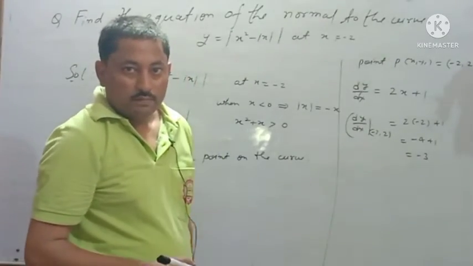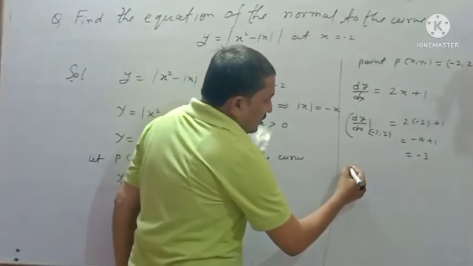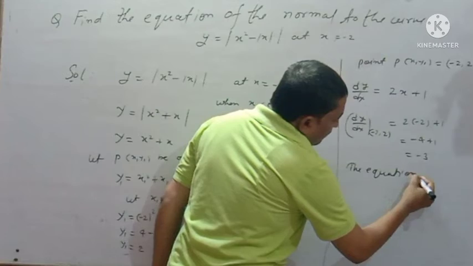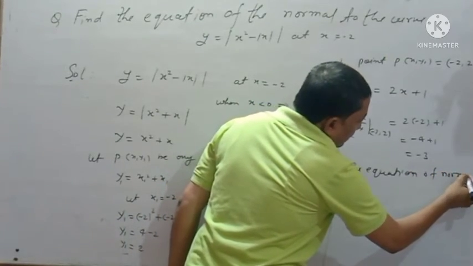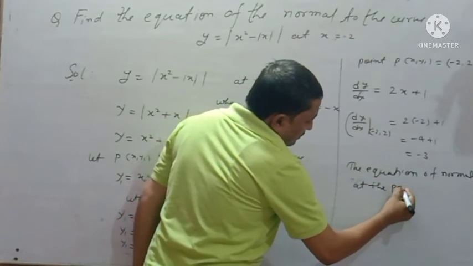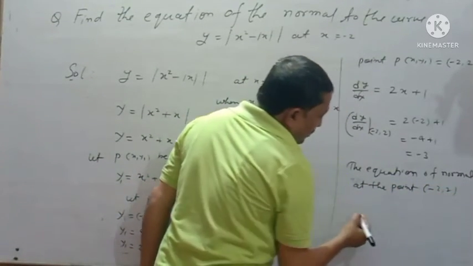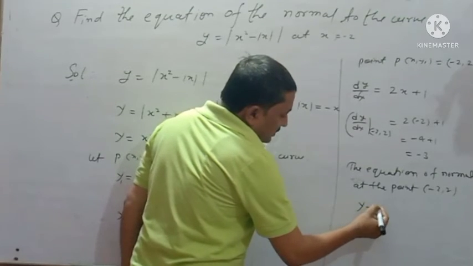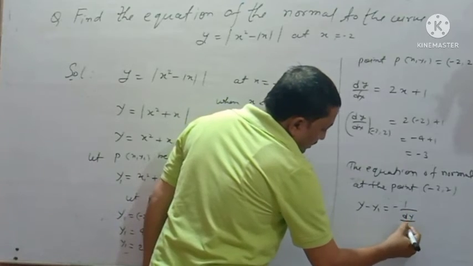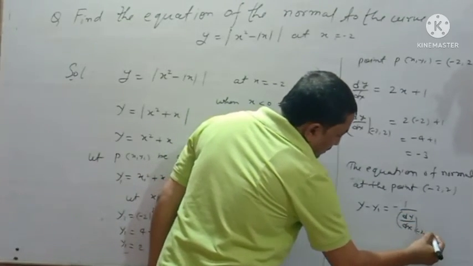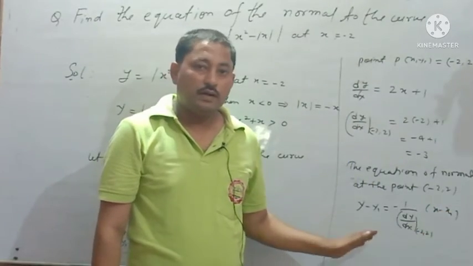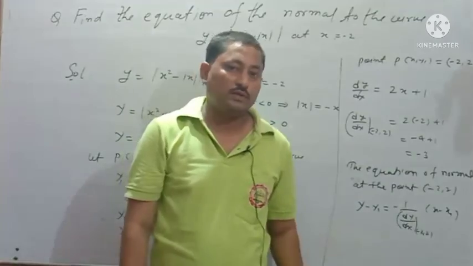We know that the equation of the normal at the point (minus 2, 2) is y minus y1 is equal to minus 1 upon dy by dx at this point. Putting x1, y1 and dy by dx in this equation, we find the equation of the normal.